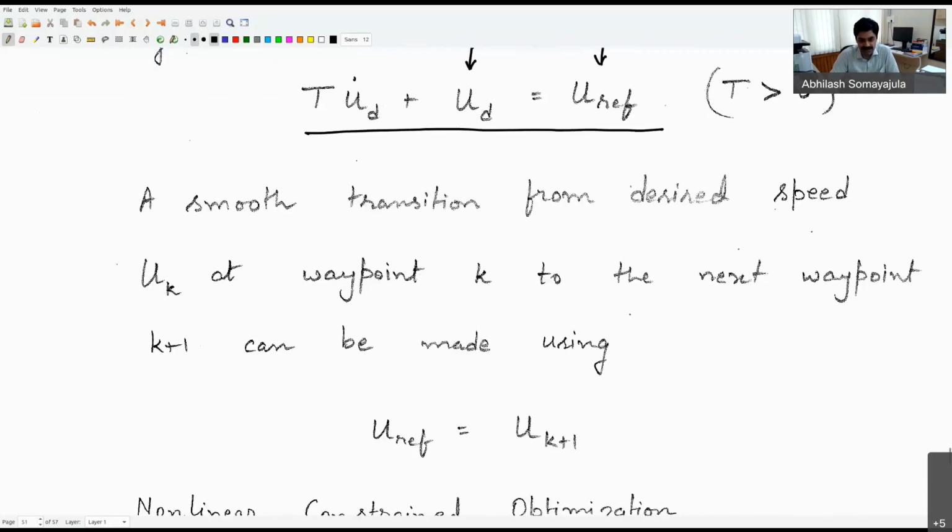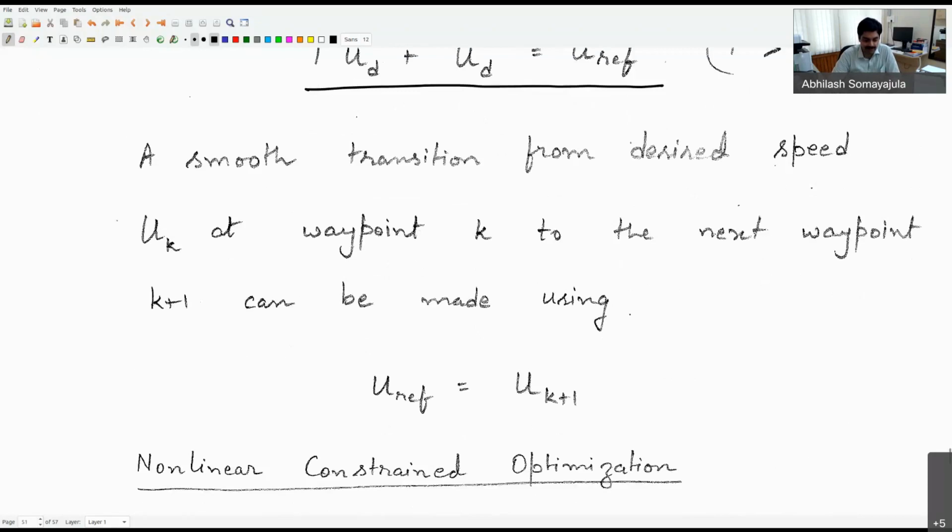So the idea might be that I have been given n waypoints and I want to track a path through these n waypoints. Not just track, but I want to cross waypoint 1 with the speed of u1, waypoint 2 with the speed of u2, and waypoint 3 with a different speed, and so on and so forth.